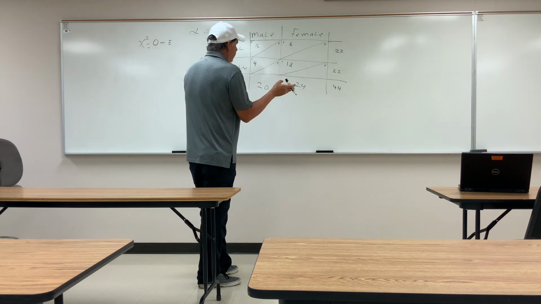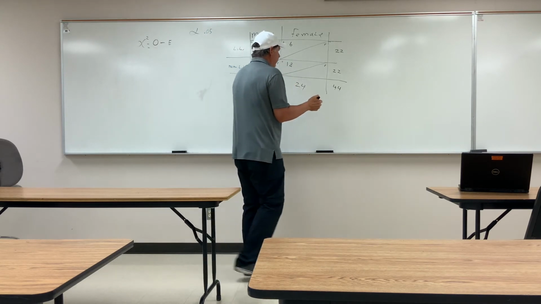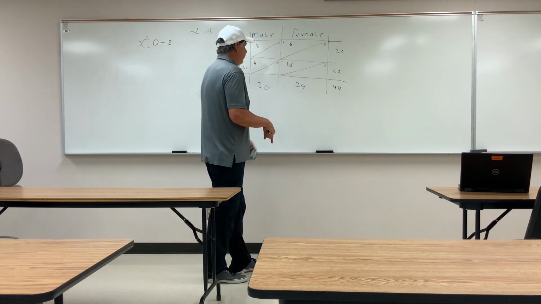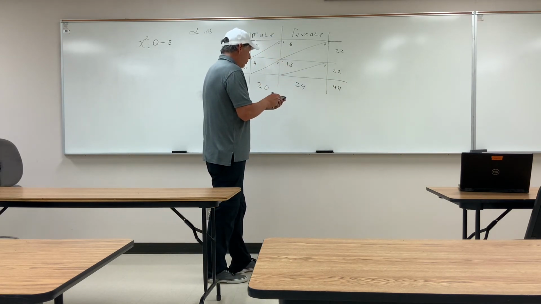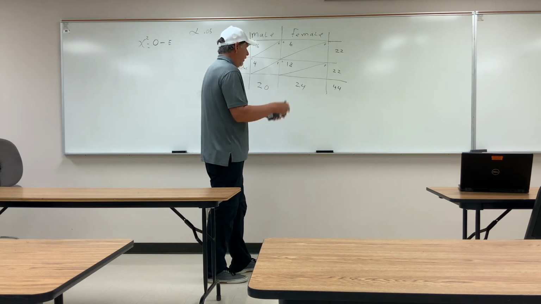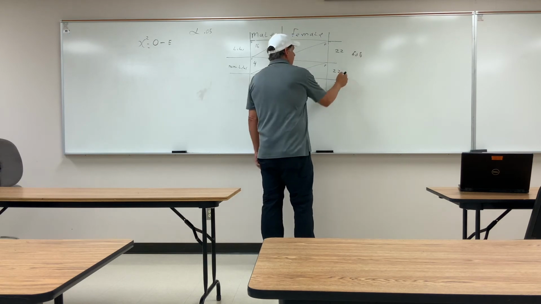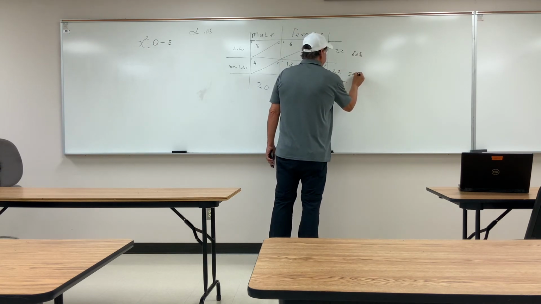In order to do this, this is going to be a kind of a weird example because I've got even numbers. So 22 divided by 44 is going to be 50%. So these numbers are going to be basically the same, so 50%. And I'm going to have 50% down here.